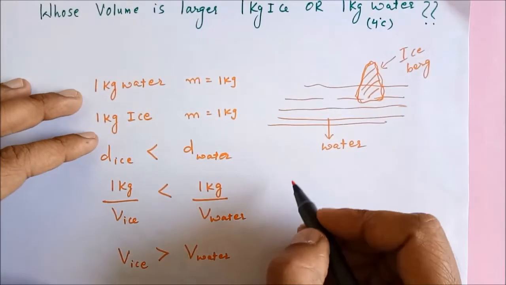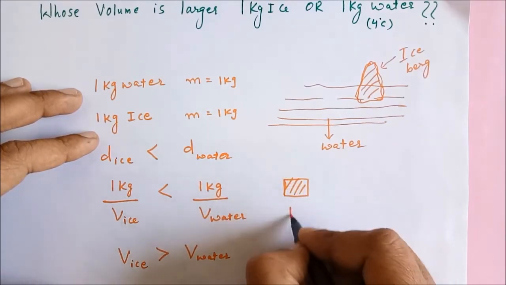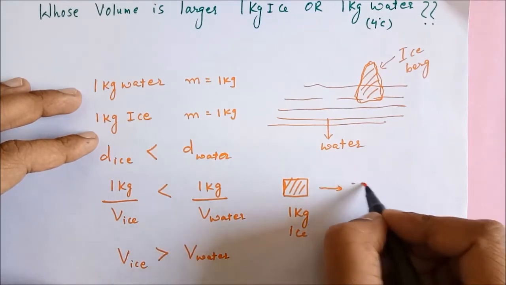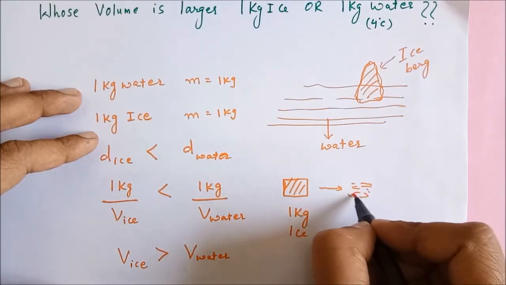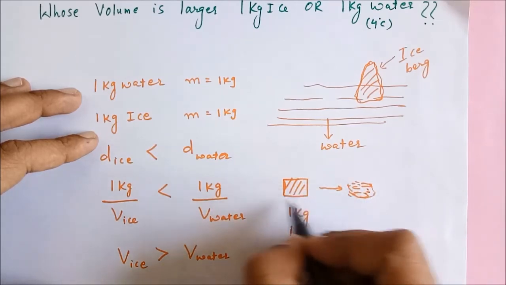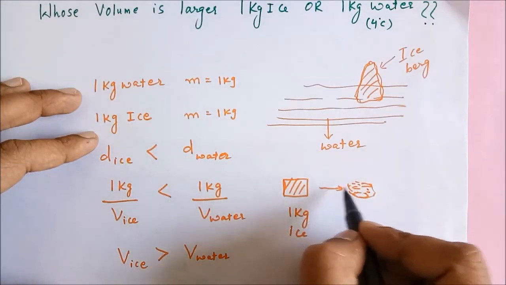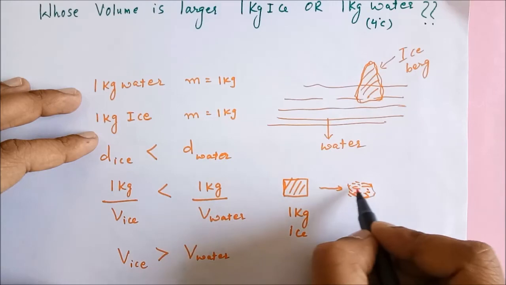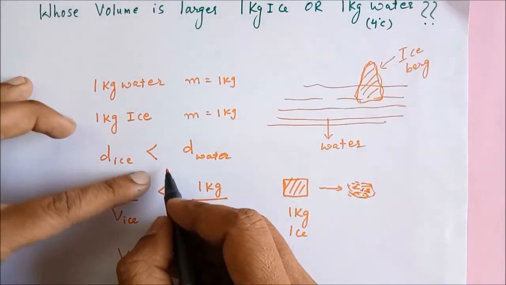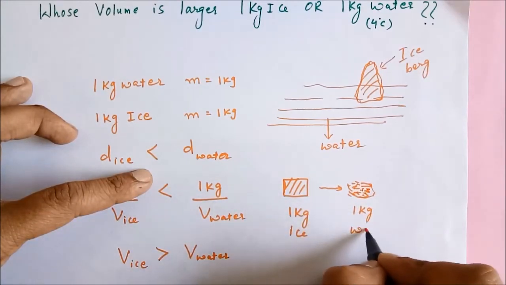So what happens is, when you have a piece of 1 kg ice and when it completely melts, it occupies even lesser space, guys. The ice piece might be bigger, but when it melts, its volume decreases and occupies a very small space as per our calculation, because mass remains constant, 1 kg water.